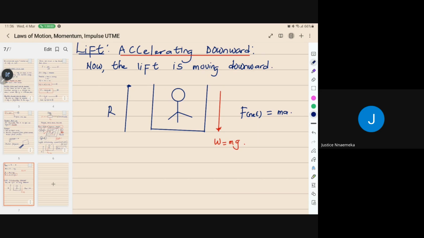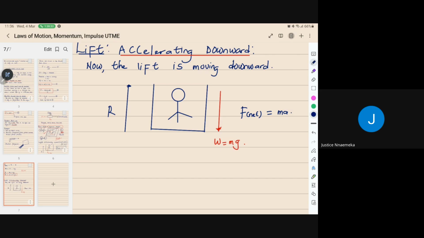I'm seeing different things here. Which one is minus MA? Good. W minus R. Now, I'm asking about the resultant force. I didn't say you should calculate everything for me. Resultant force. Paul, you are here now.